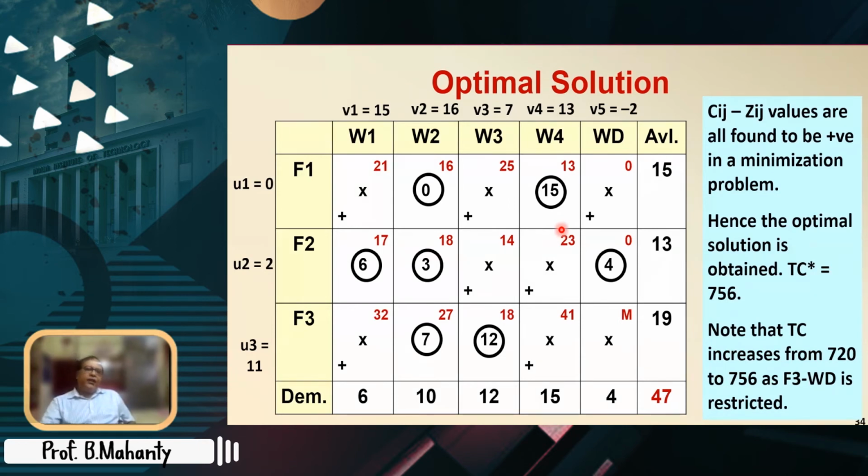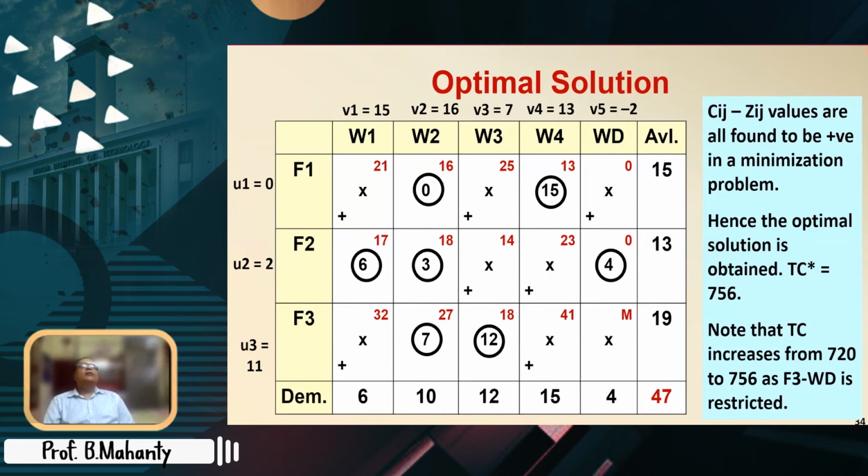So what has happened? You see, any restrictions you put, you are definitely going to get a new solution. The new solution, however, will be worse than the best possible solution. That is exactly what has happened. Because F3WD, if you are allowed to use it, was obviously part of the optimal solution. But we have put an M there and we have restricted that particular square.